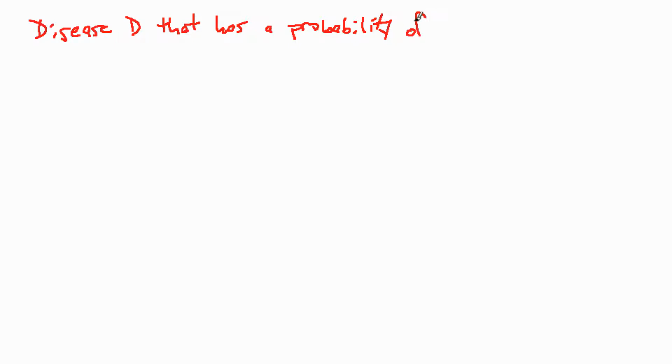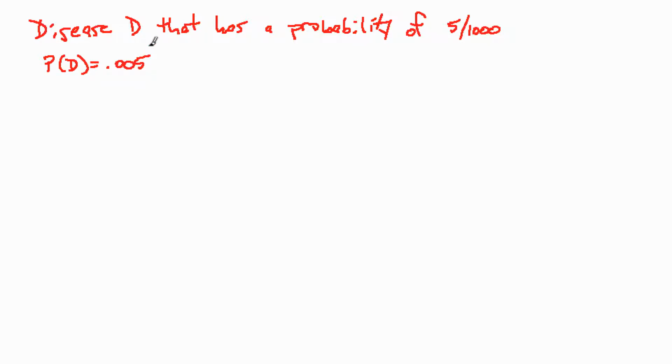So what we want to assume is that there is a disease, we'll call it disease D, that has a probability of 5 out of 1,000 people in the general population get it. In other words, the probability of D is equal to 0.005.